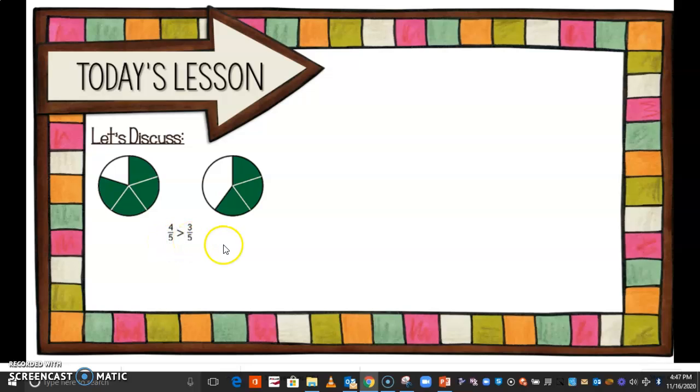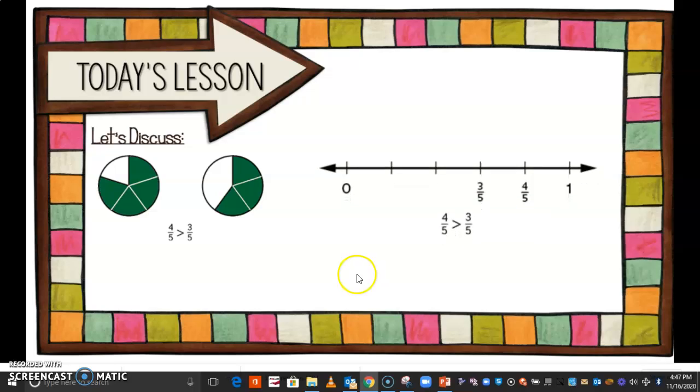Okay? If you use the number line in the back of your math journal maybe, and we zoomed in on it, it would look like this. Okay? And we know since the denominators are 5s that for this to be a whole, the other way to write that as a fraction would be 5/5, right? So this one right before it would be 4/5, and then the number before 4 would be 3/5.